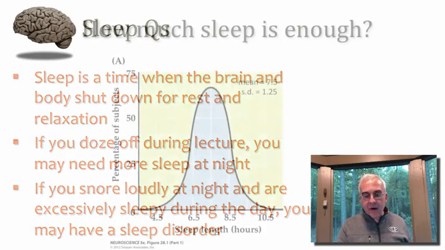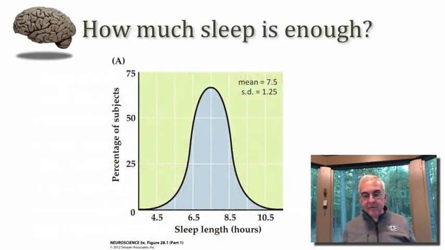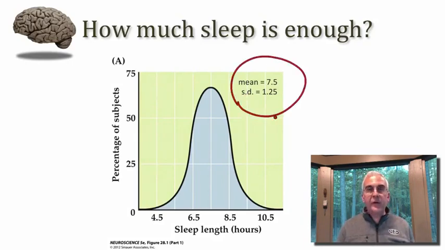And as we get there, I do have one more question for you, and that is, how much sleep is enough? Well, this is a distribution of sleep time for a large cohort of individuals, so I think these data are fairly reliable. They seem to be fairly consistent across human cultures and across time. And it seems as though what we require is somewhere in the order of 7.5 hours of sleep. But of course, this is just population data.